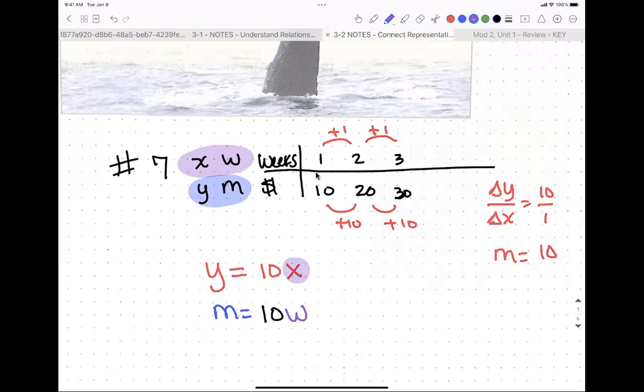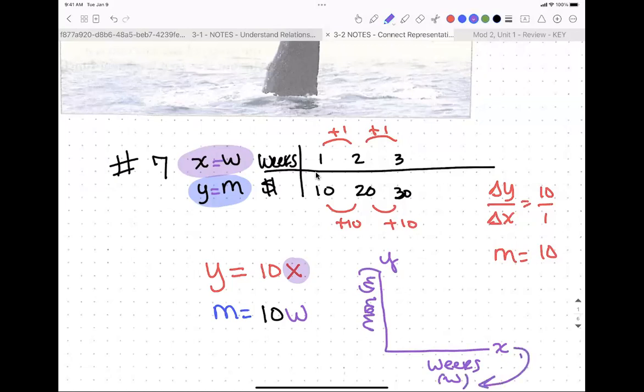But in order to do that, you've got to be able to know in your head that the M is the Y, and that the W is the X. How do you know that? Well, in a table, the X is always on top. The Y is always on bottom. If they give you the information on a graph, they would call the X-axis weeks or W, and they would call the Y-axis the money, and they would say that's the M. So if they give it to you in a graph, you've got to know which is the X-axis and which is the Y-axis.